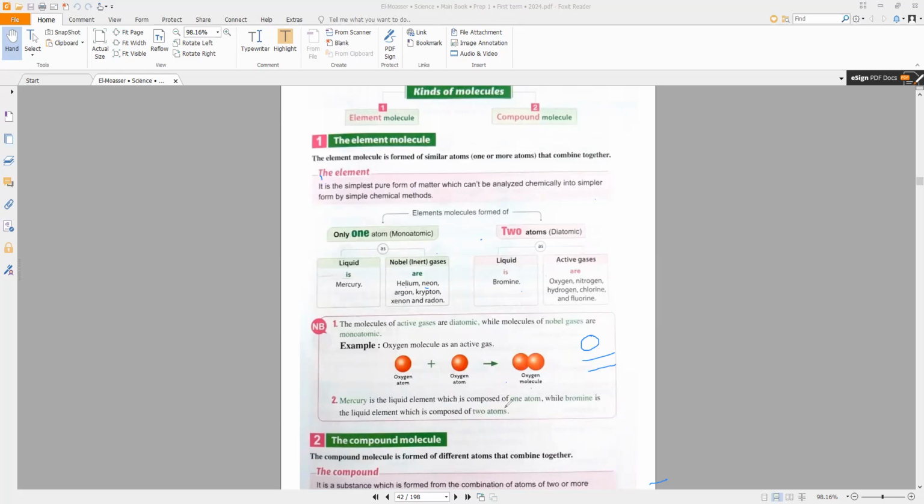Mercury is a liquid element which is composed of one atom, but bromine is a liquid element which is composed of two atoms. So if I draw mercury and bromine, I draw this as one and this as two.